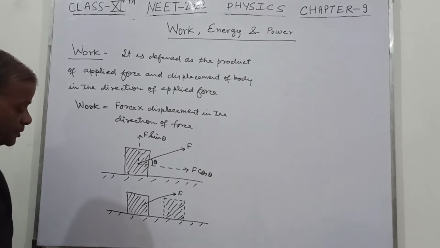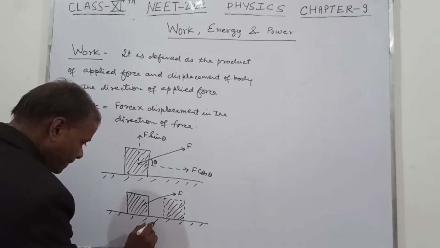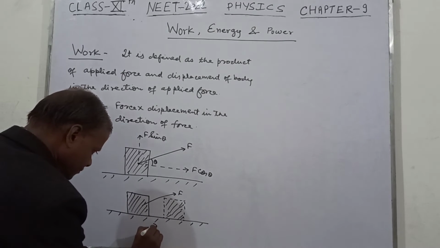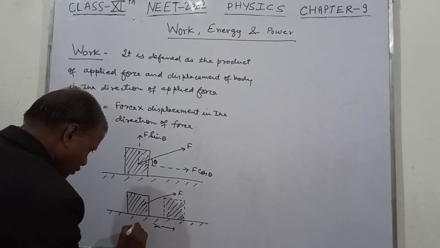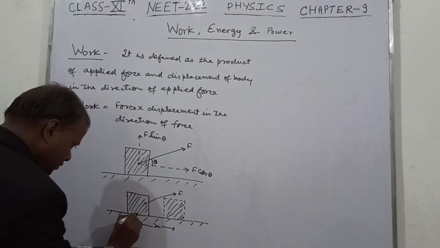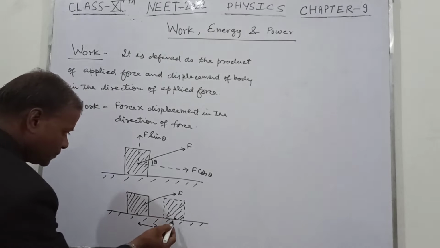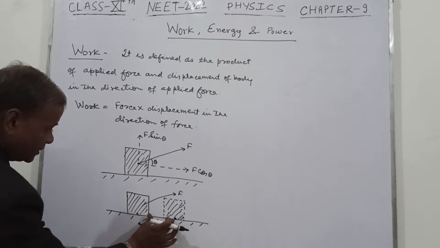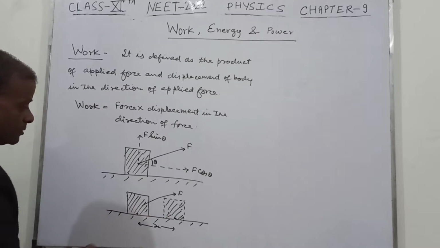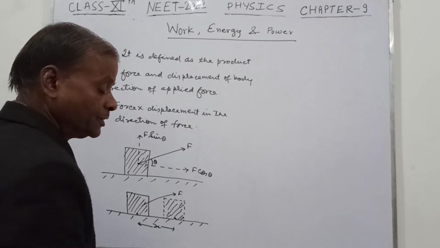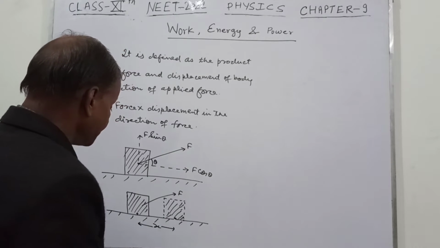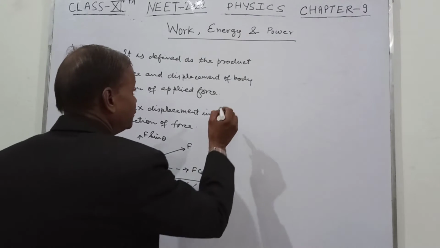Let this displacement be x, from center to center. This is the center and this is also the center of this body. This distance between the centers of the body, we take as x, the displacement in the direction of the force.